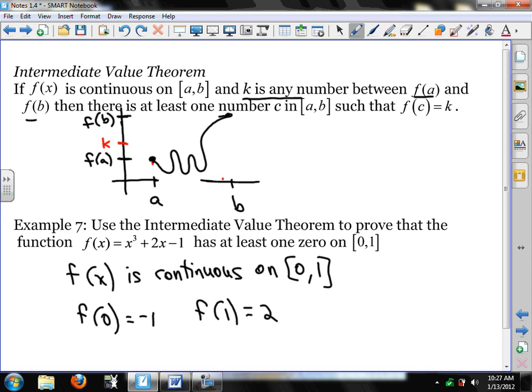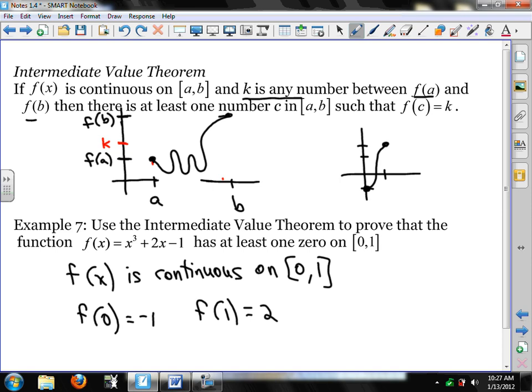So basically what we have here is we have points at (0, negative 1) and (1, 2), and we have a continuous function. Kind of makes sense that somewhere in between 0 and 1, we have to cross the x-axis.